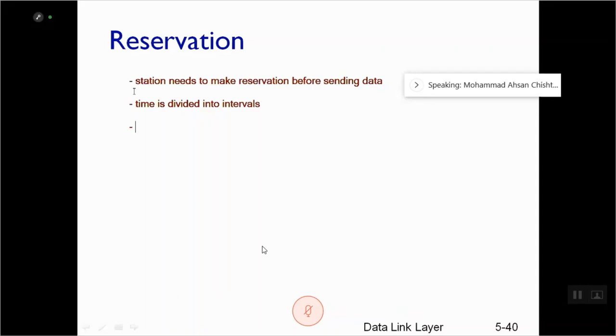So if there are n slots, we will have exactly n reservation mini slots in the reservation frame.